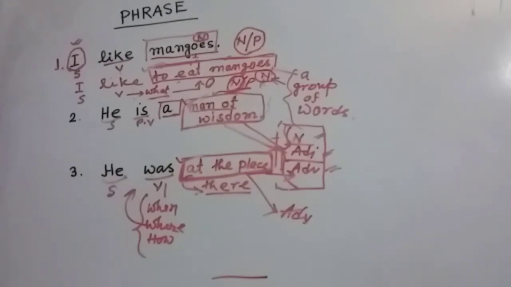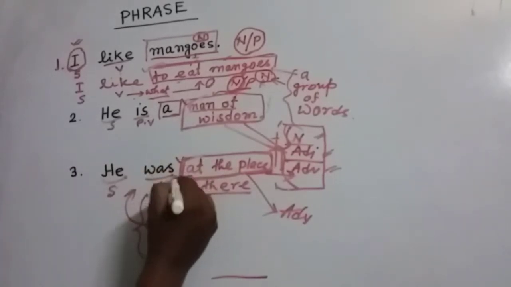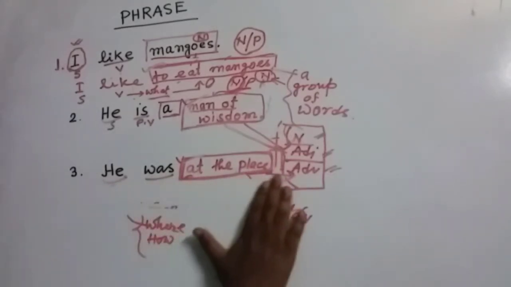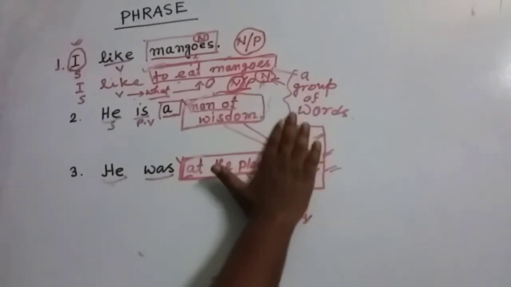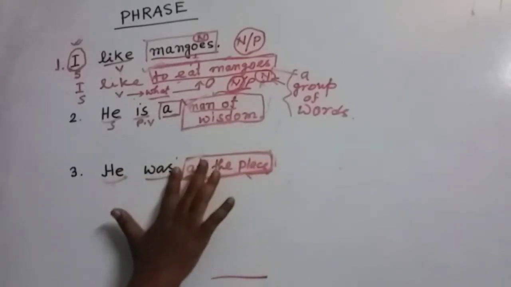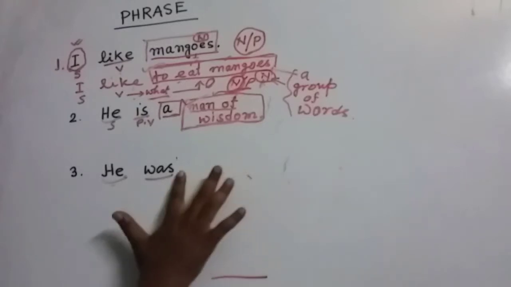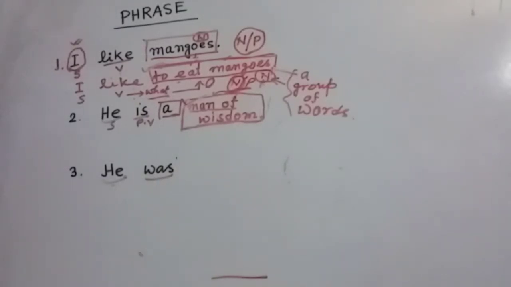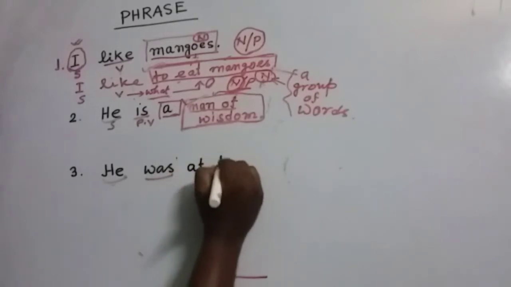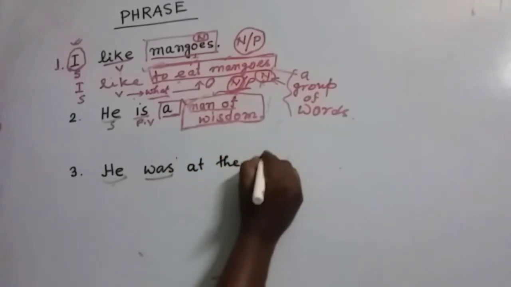Now, in this group of words, my dear friends, think about this group of words, at the place. So he was at the place. Think about only this one. What are the characteristics of this group of words? I am writing down the same thing again. He was at the place.